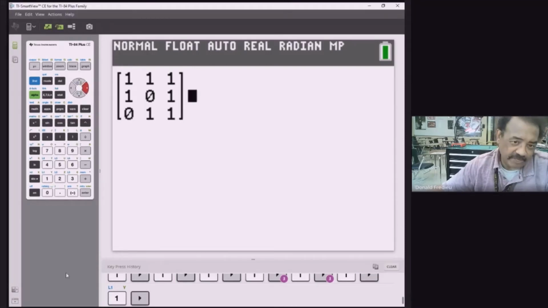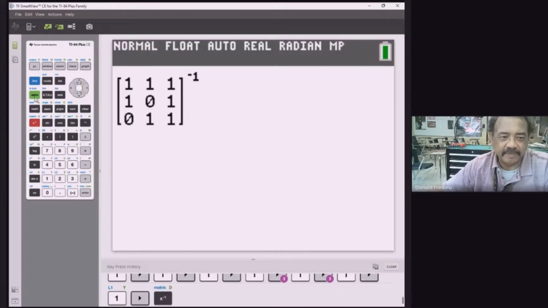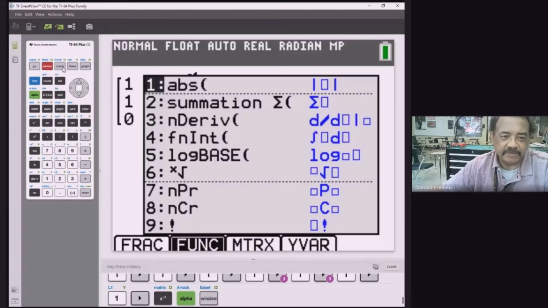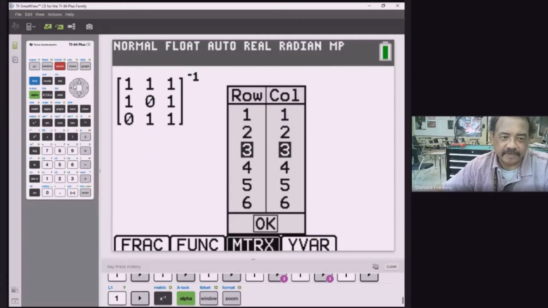So 1, 1, 1, 1, 0, 1, 0, 1, 1. Okay, so we're going to do the inverse of that. And our second matrix, which will be a 3 by 1.